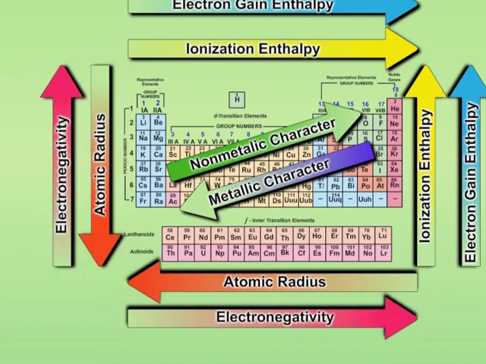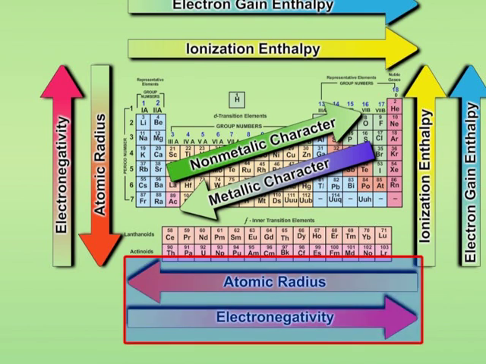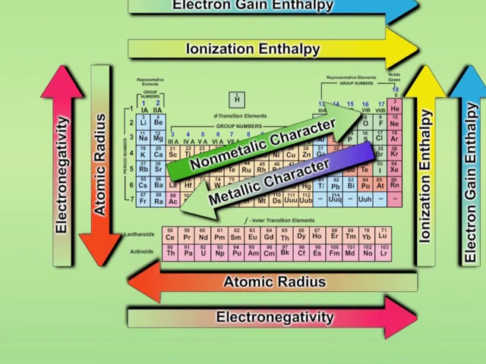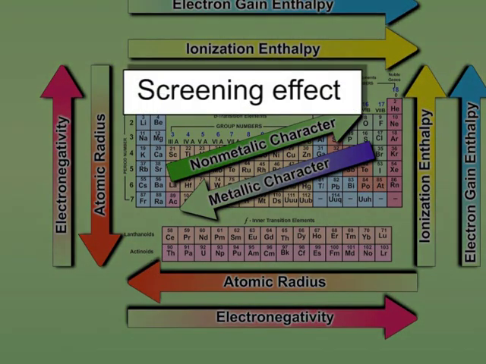The attraction between the valence electrons and the nucleus increases as the atomic radius decreases in a period. The electronegativity also increases. On the same account, electronegativity values decrease with the increase in atomic radii as well as screening effect down a group.